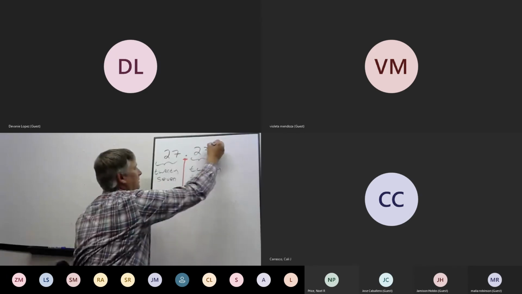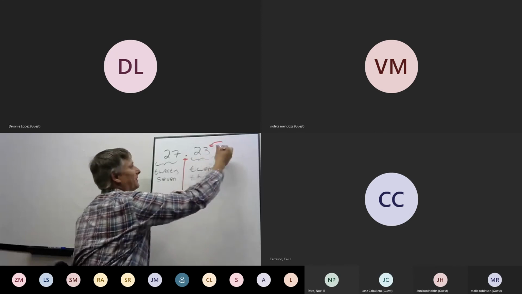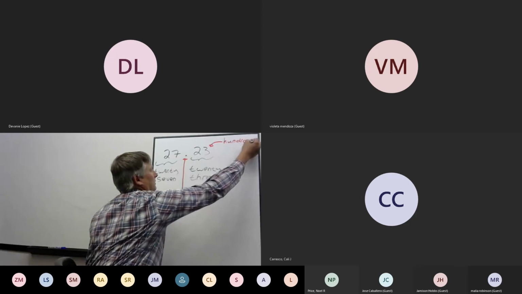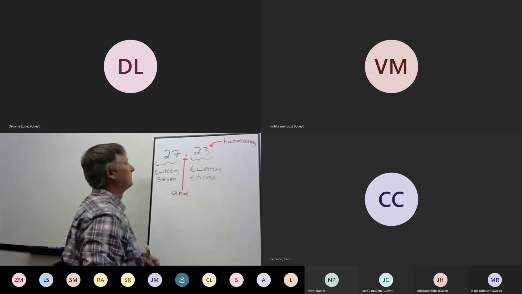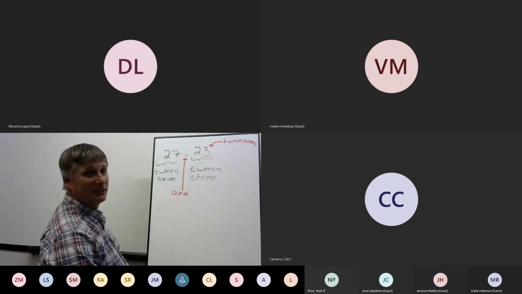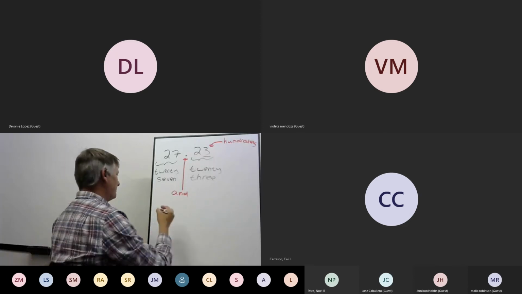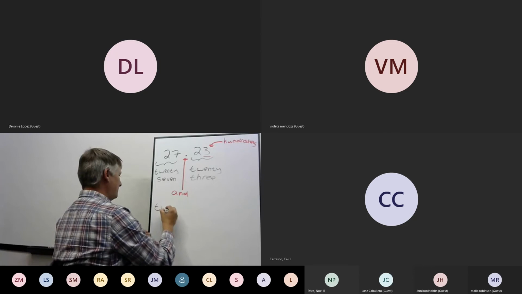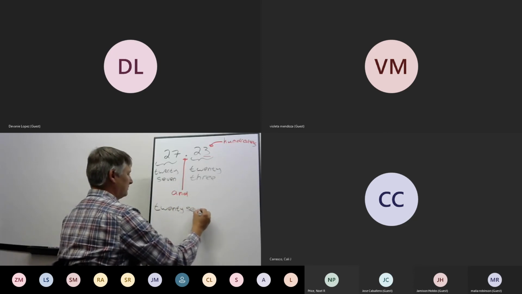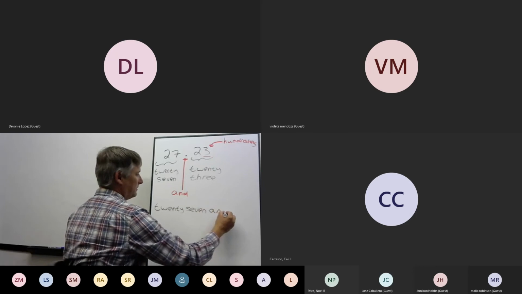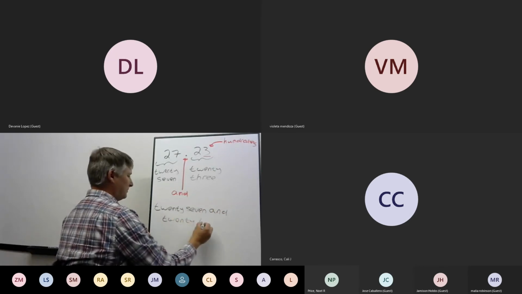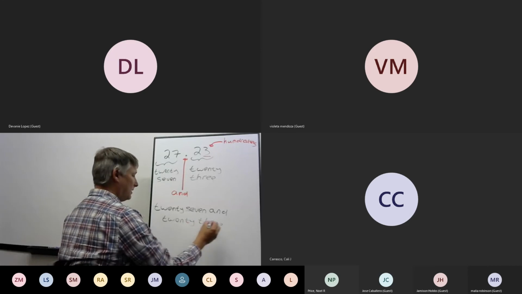And this right here, tenths, hundredths. That's that place value. So that means the name is 27 and 23 hundredths.